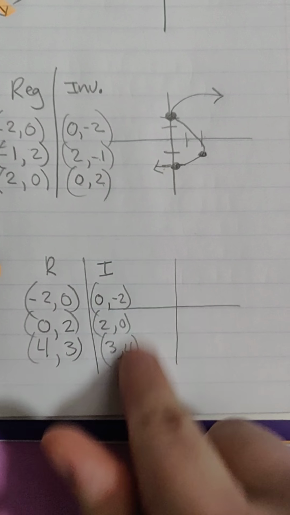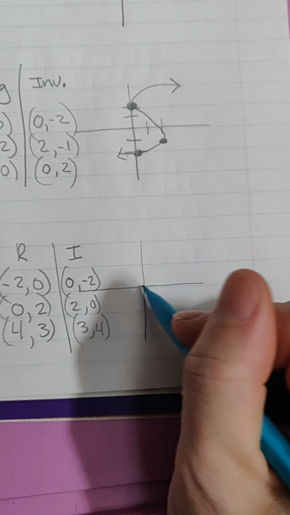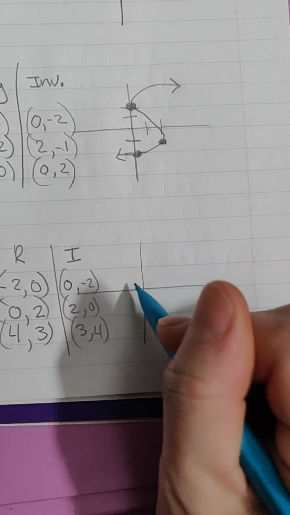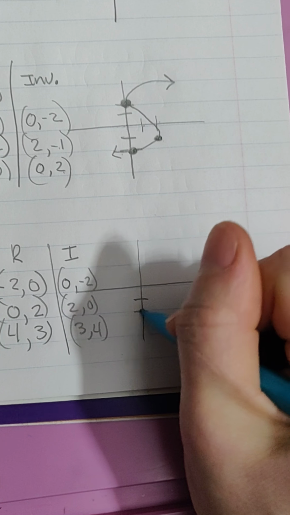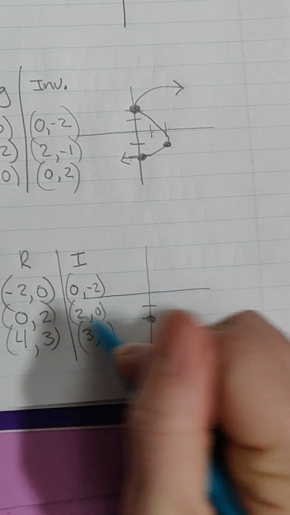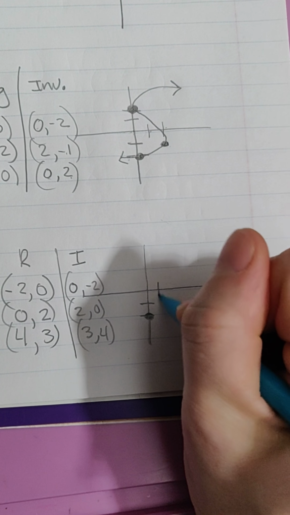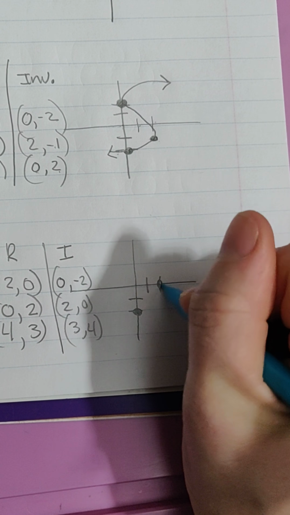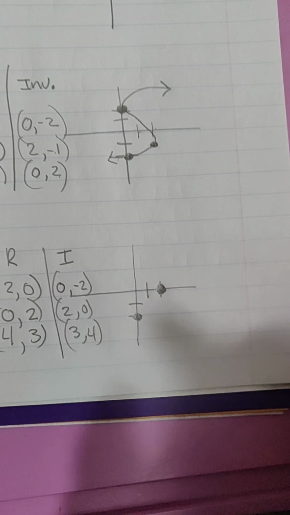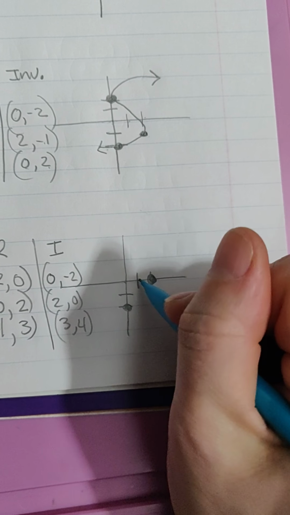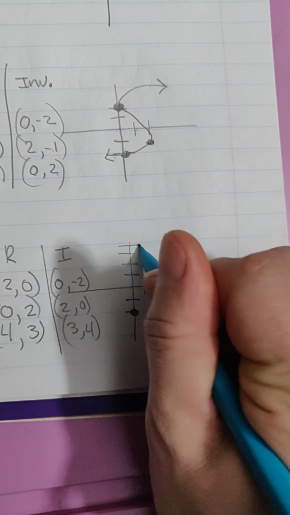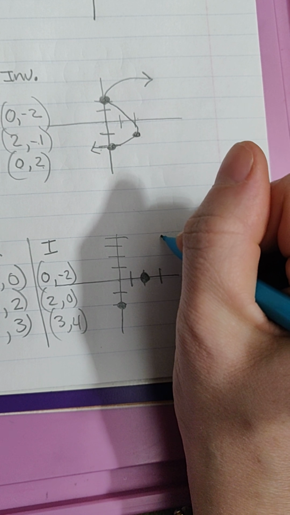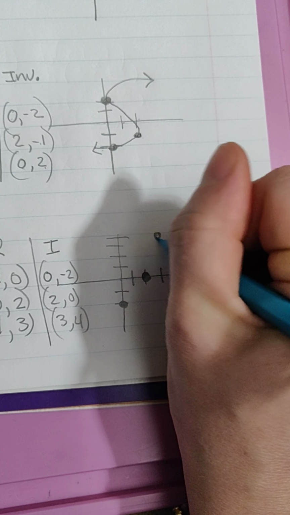So I'm going to plot my inverses. So I've got 0, and I'm going to go down 2, draw my dot, +2, +1, 2, and 0 stays there, and then 3, comma 4, so 1, 2, 3, up 1, 2, 3, 4, and we've got that.